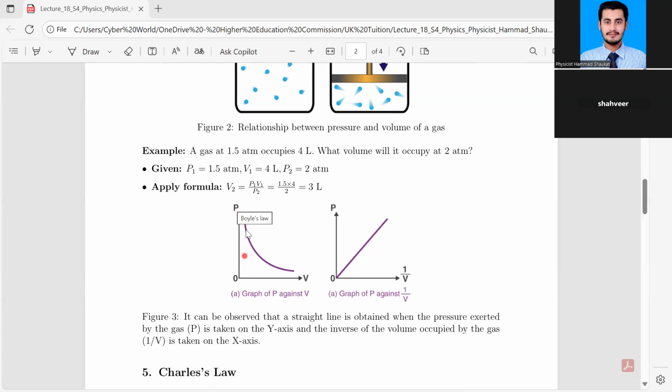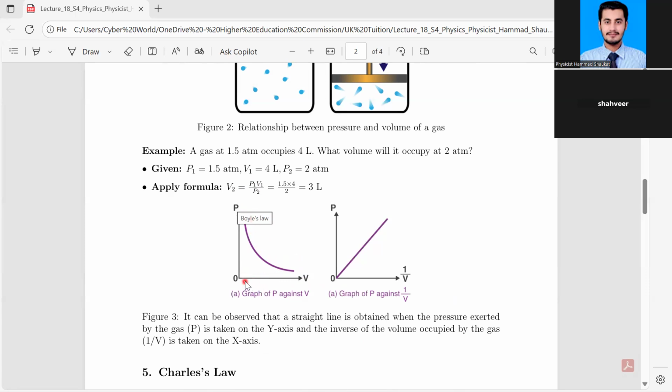When we plot the graph between P and V, we will get this type of curve, which is a parabolic curve. Why does this curve happen? Because there is an inverse relationship between volume and pressure.